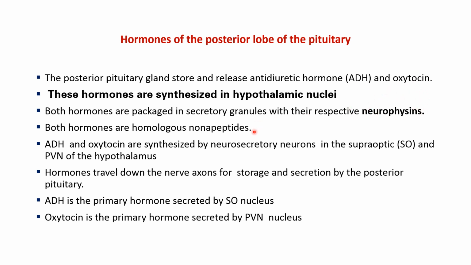Both are nonapeptides. Both of them are synthesized in the supraoptic and paraventricular nucleus of the hypothalamus. And as I said, ADH is primarily synthesized in the supraoptic nucleus, whereas oxytocin is primarily synthesized in the paraventricular nucleus.